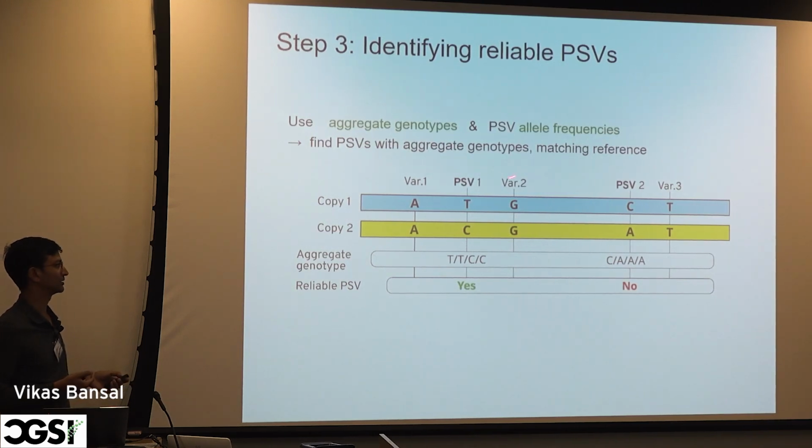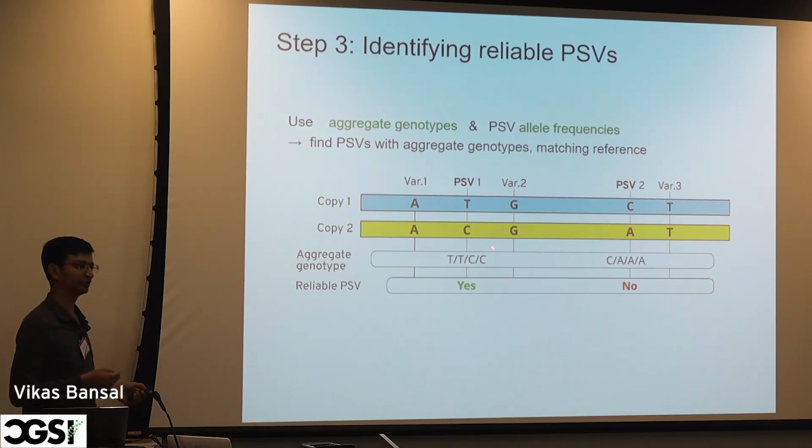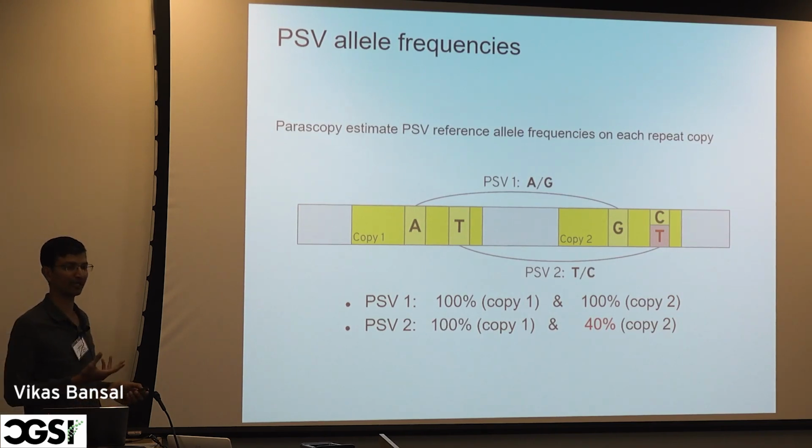The second criterion is the PSV allele frequencies, which I didn't talk about so far, which tell us something about how variable the genotypes are at this PSV at the population level. PSV allele frequencies represent a summary of the allele frequency of each allele in the different locations of a PSV. For example, I have this one PSV with the A allele here and a G allele here.